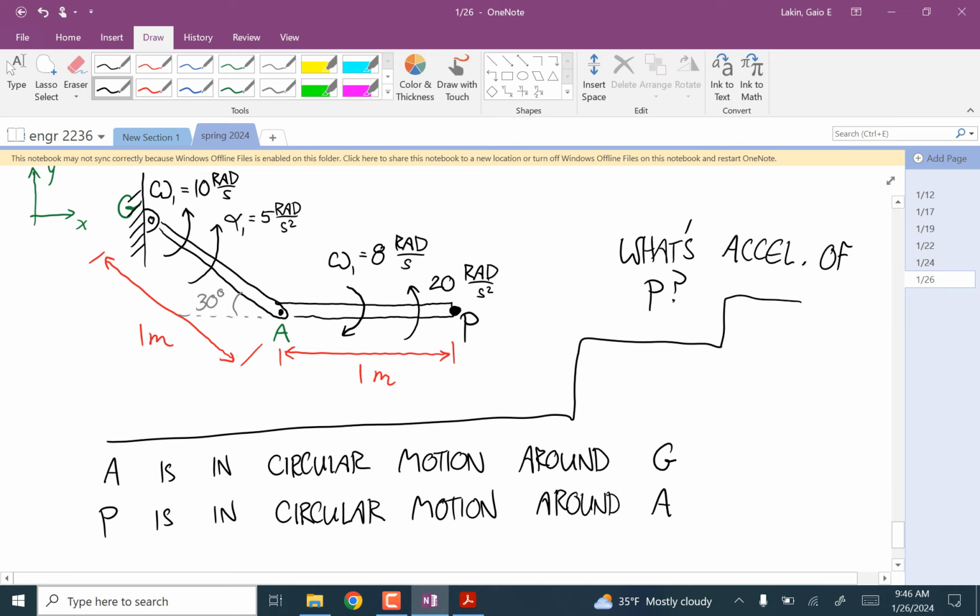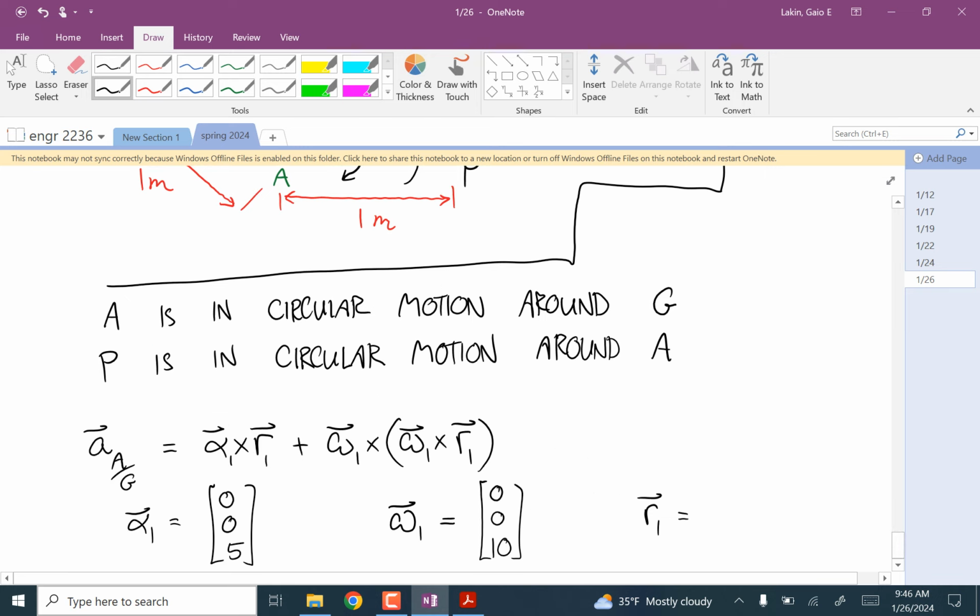So that's going to be 0.866, negative 0.50.